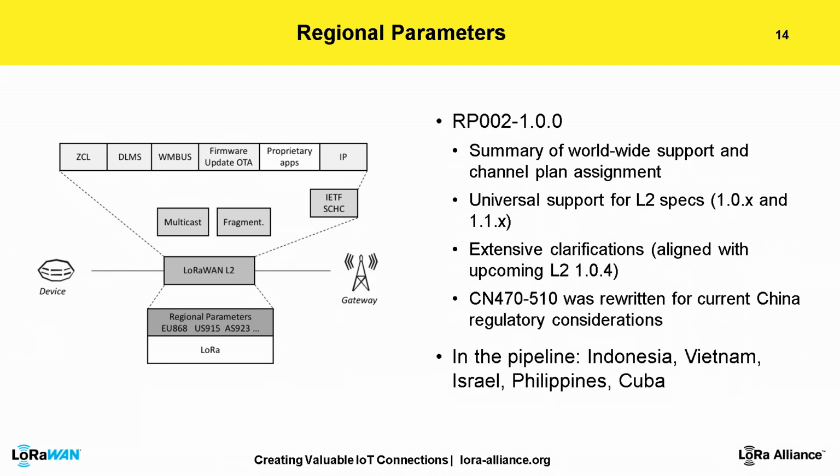In the past, we always generated a regional parameter spec for each version of layer 2, like one for 1.0.2, another for 1.0.3, another for 1.0.4. But moving forward, there are just too many documents to handle. We have a single document in which we're able to address all the regional parameters needs of the past and the current link layer spec. And extensive clarifications, as always, went into that, and an improved CN, the China region.